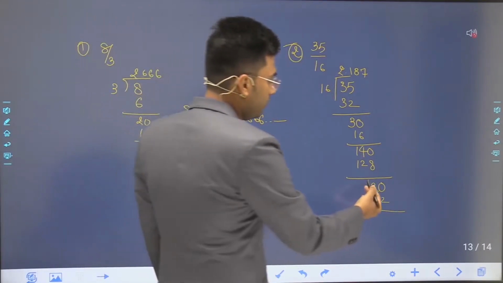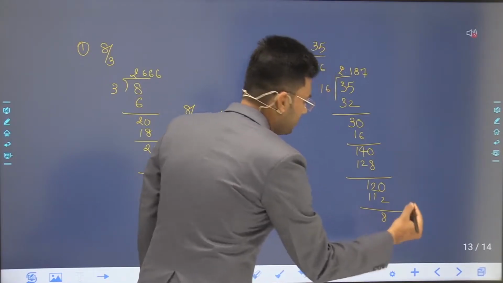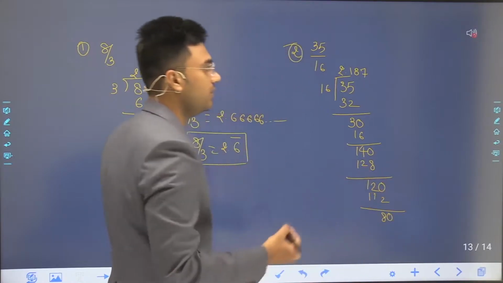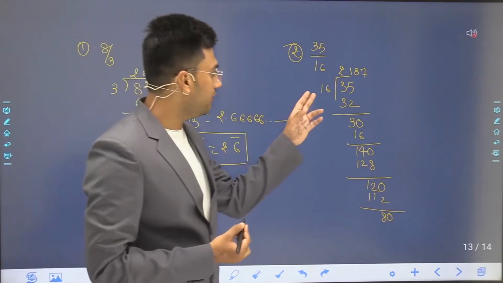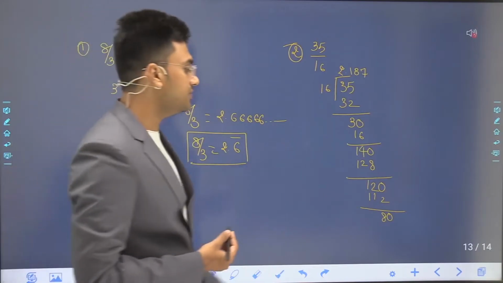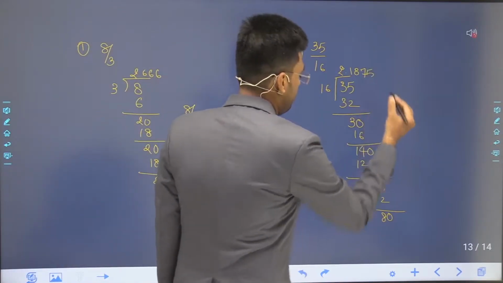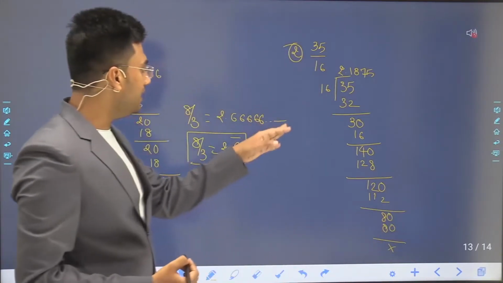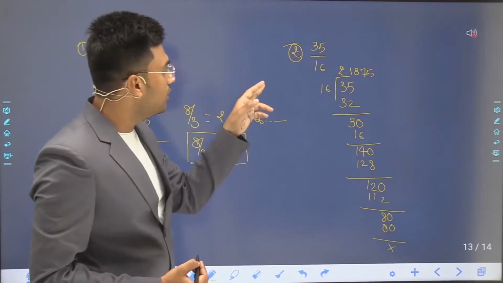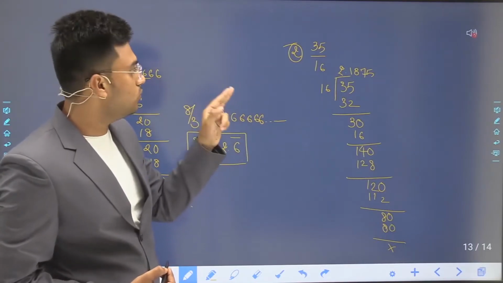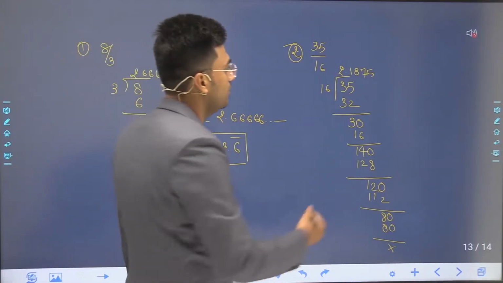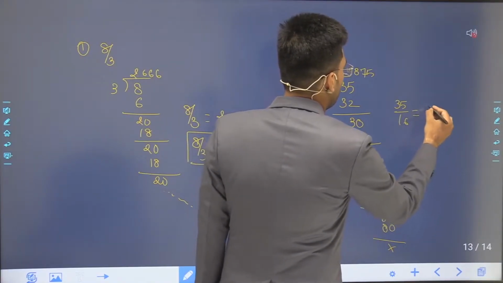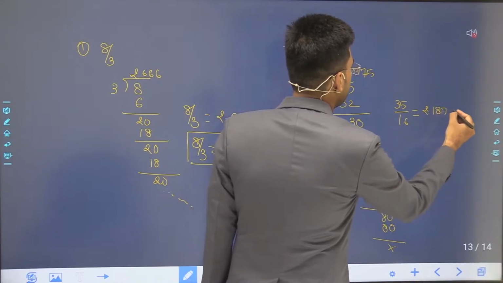Then the difference of 120 and 112 is 8. Then it becomes 80, because we already used the decimal. 16 times 5 is 80. So we can see that 35 by 16 is equal to 2.1875.